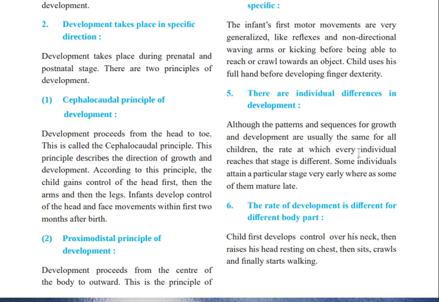Although the pattern and sequence of growth and development are usually the same for all children, if you see, the pattern and sequence of development is actually the same in every child. The rate at which every individual reaches that stage is different. Some individuals attain a particular stage very early, whereas some of them mature late.